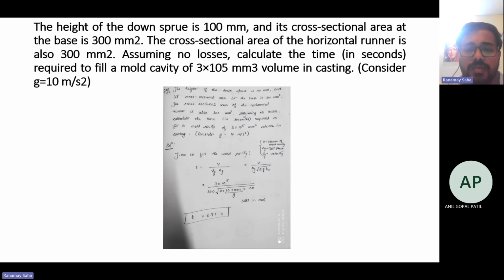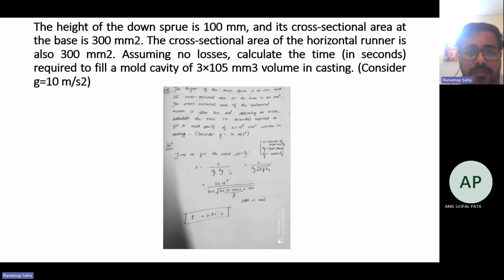Assume no losses. In this case, we are assuming losses will not be considered. The question asks: calculate the time to fill a cavity which has a volume of 3 × 10^5 millimeter cube, and consider gravity as 10 meters per second square.